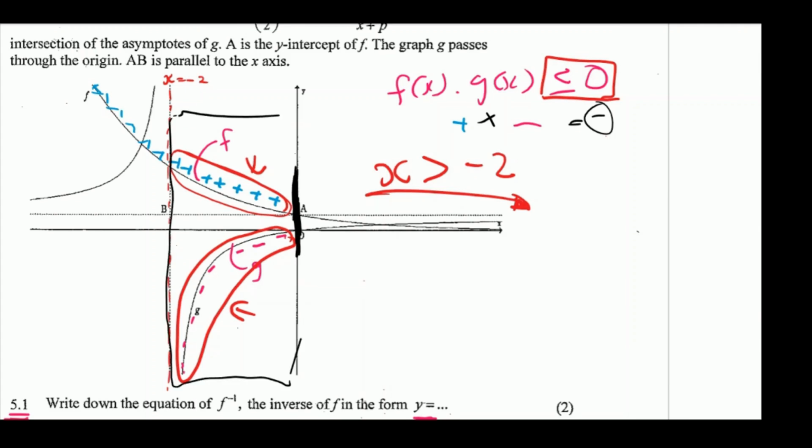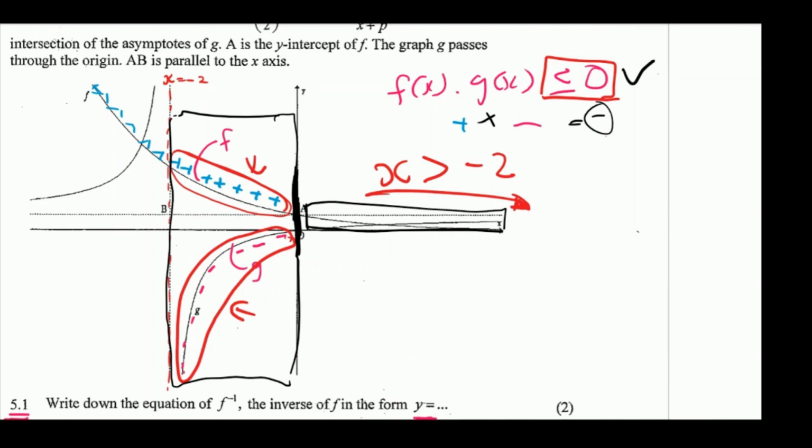So if you say x is greater than 2, it's correct. But after this point, our graphs come to a positive part of y, right? So our y's both are positive, so it doesn't necessarily qualify us into finding the solution here.